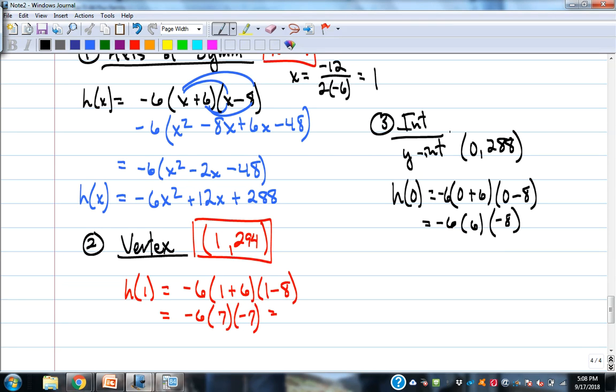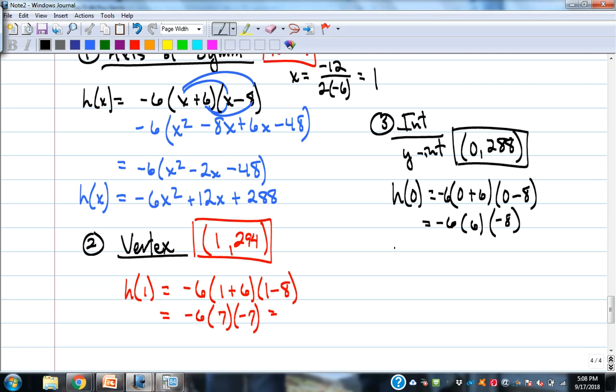Does that match the c value from my standard form? Shouldn't they match? c in standard form is always the y-intercept. Here I used the intercept form, and I still got the same y-intercept. So that means I'm doing things right.